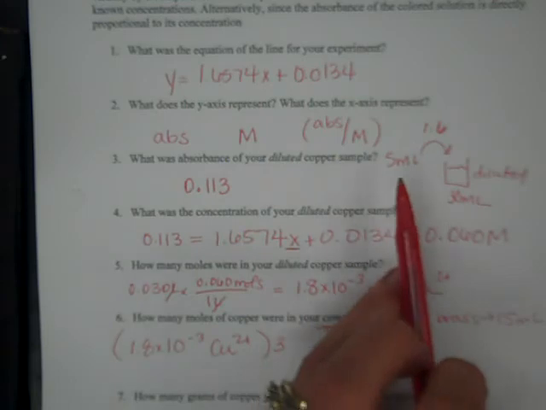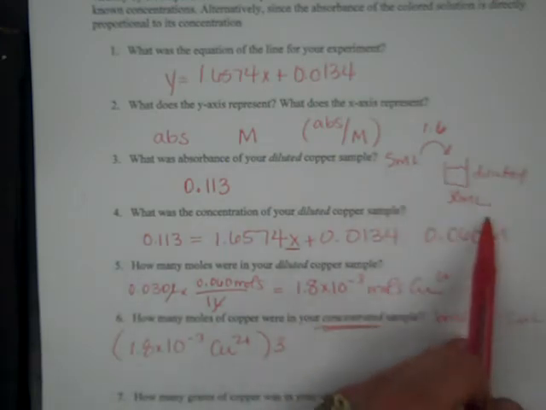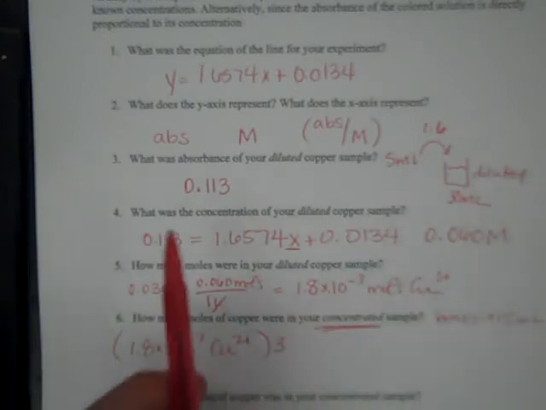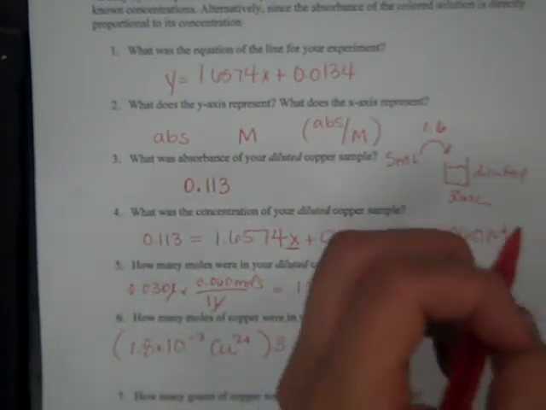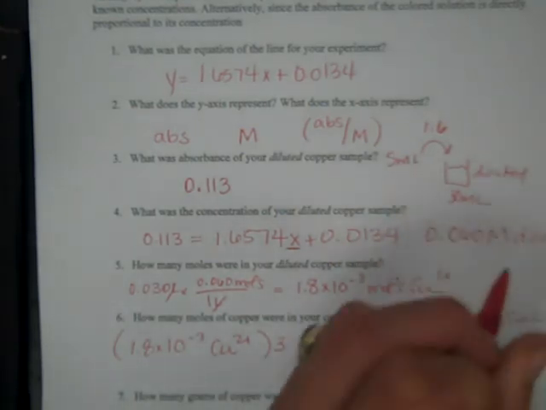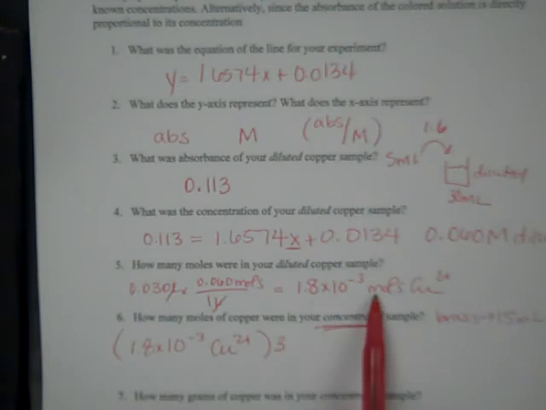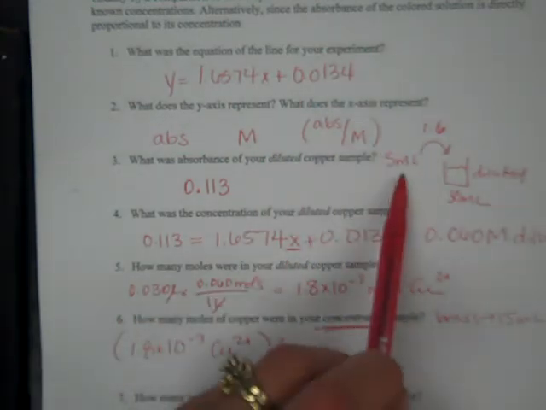So again, I took out 5 milliliters. I diluted it to 30 milliliters. You read the absorbance to get the concentration of the diluted sample. You found out how many moles that was. Your moles of copper came straight from these 5 milliliters.